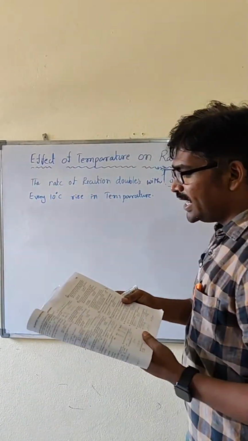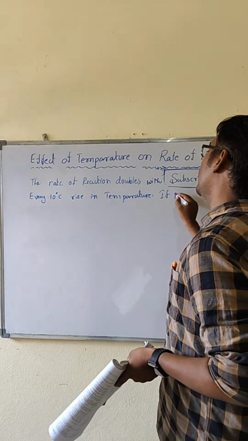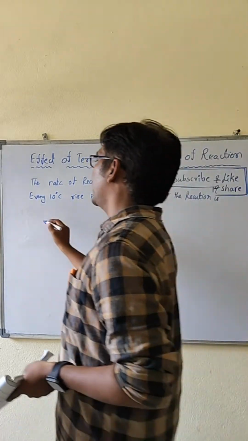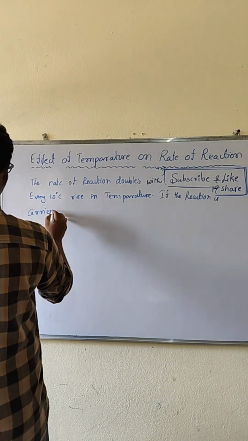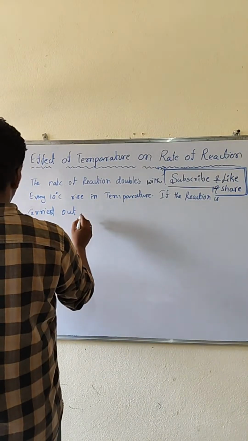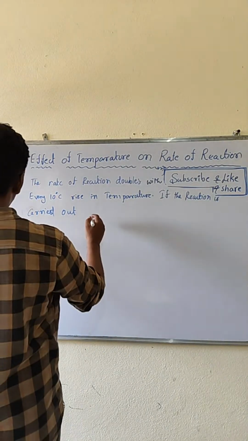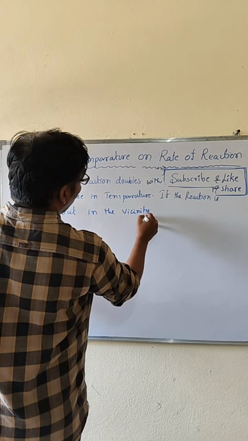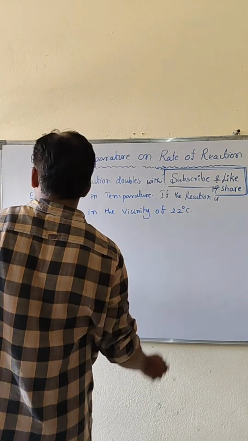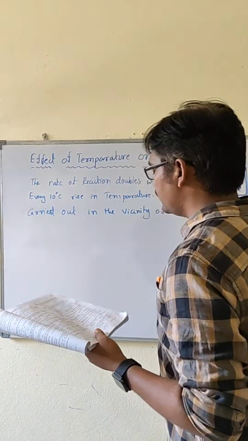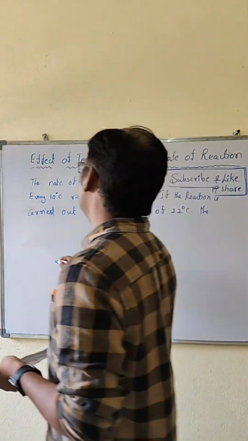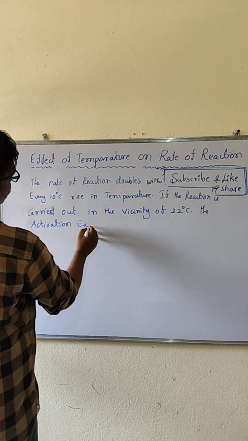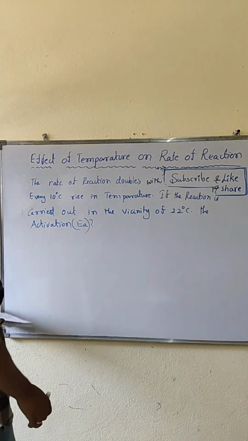If the reaction is carried out in the vicinity of 22 degrees Celsius, the activation energy of the reaction, EA, is?